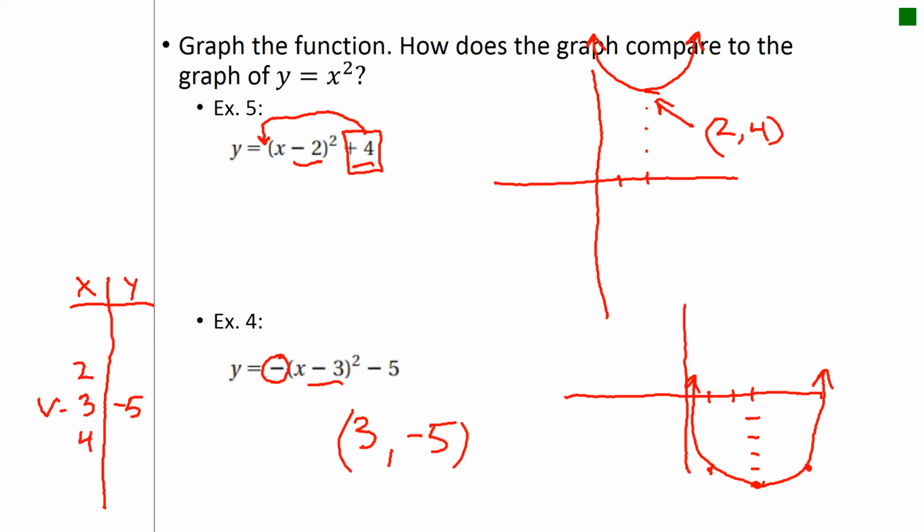Instead, when I plug 4 right here, 4 minus 3 is 1, and 1 squared is 1. But this negative stretches, or in this case, inverts that number from a positive 1 to a -1. And -1 minus 5 is -6. So you see we get -6's on either side, which is just a little bit further lower. And that's why the direction of this graph would actually go downward. Bye-bye, bad graph.